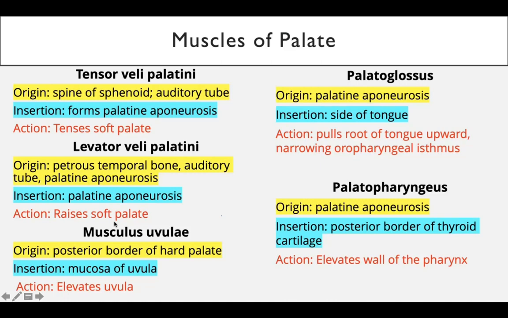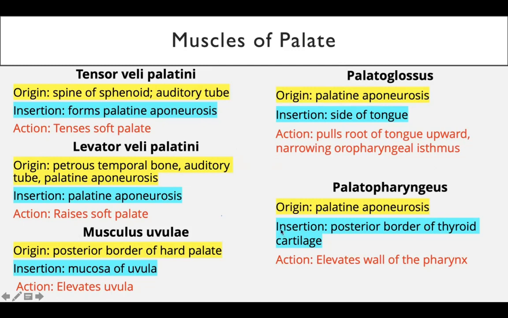I hope by now you have remembered some of the origin, insertion, and action. It's actually not difficult if we revise them and make a memory, story, or visual memory of these muscles. Then the remaining three muscles: musculus uvulae, palatoglossus, and palatopharyngeus. Palatoglossus, I think we have heard this, right? There was styloglossus, hyoglossus, genioglossus.